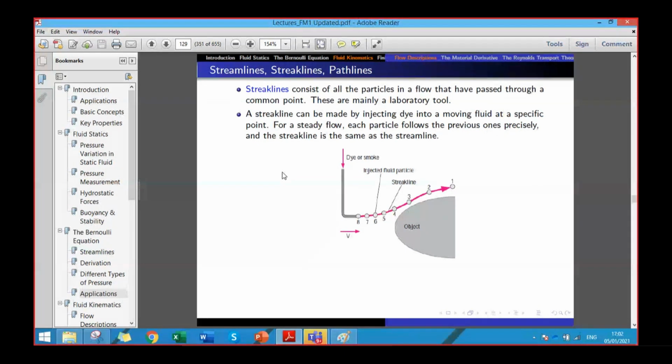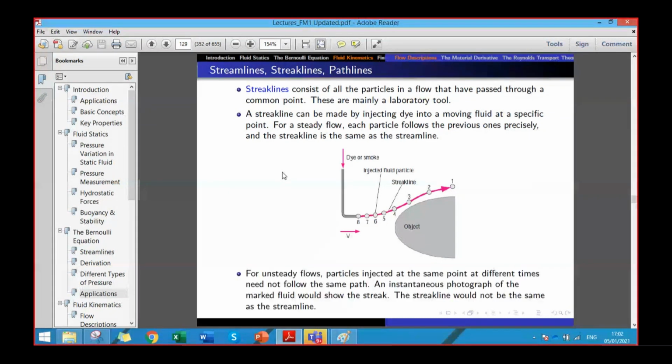For unsteady flows, do particles injected at the same point at different times follow the same path? No, they will not follow the same path for unsteady flow. All the particles will be following different paths at different times. So in an instantaneous photograph, the marked fluid would show the streak. The streak line would not be the same as the streamline for unsteady flow. Clear?